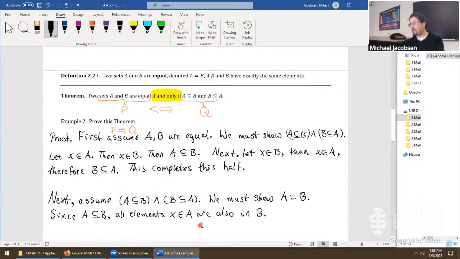Pick X in A, it has to also be in B. Well, that means B contains all of the elements of A.